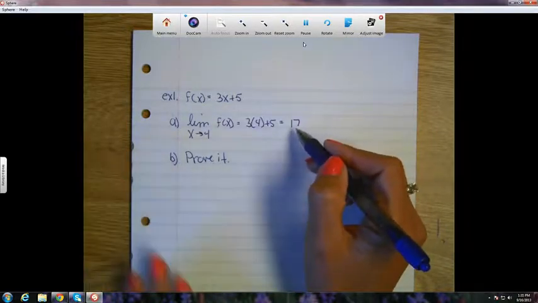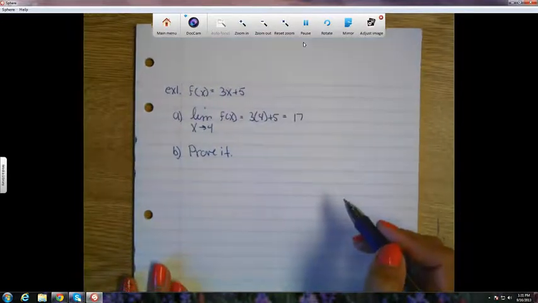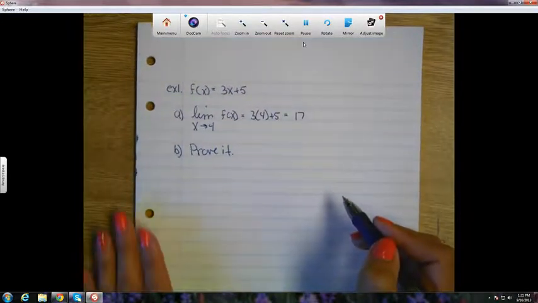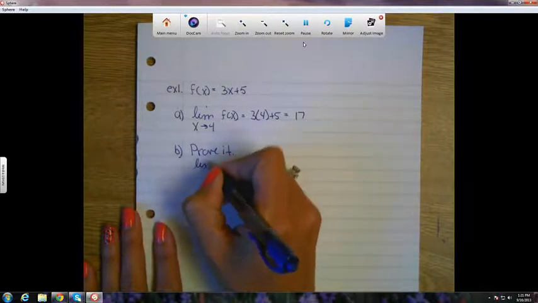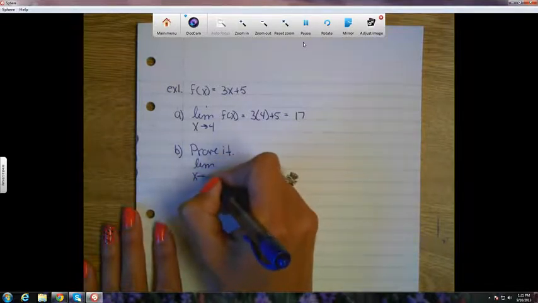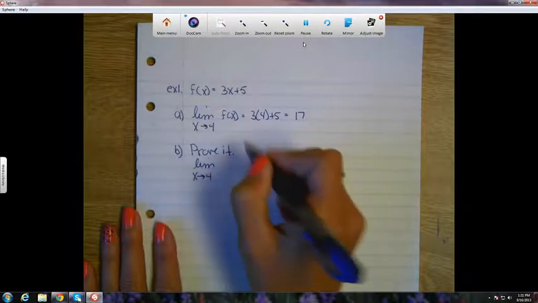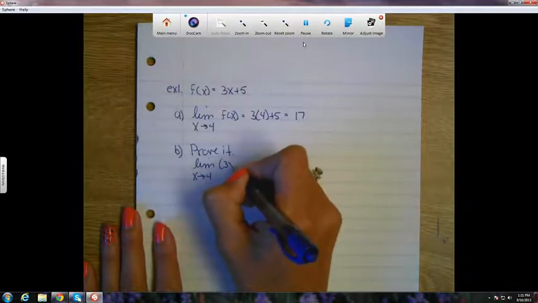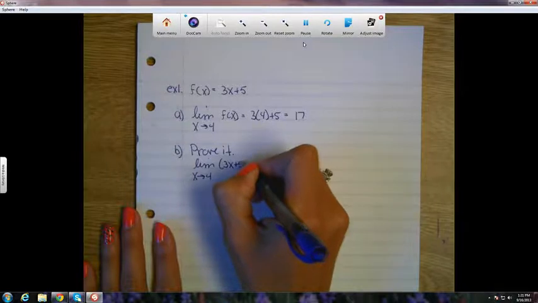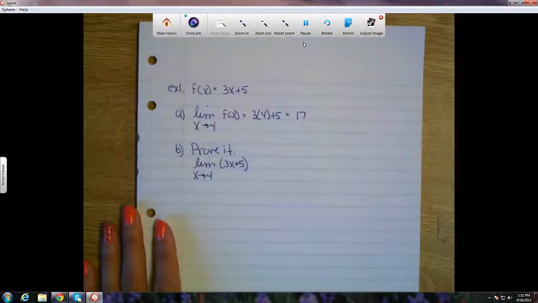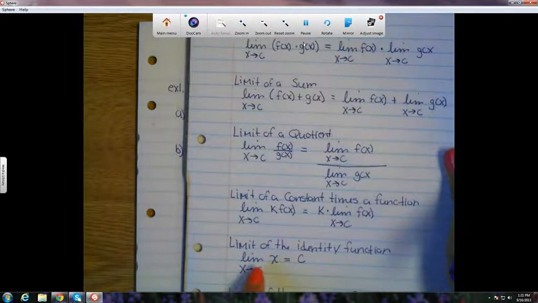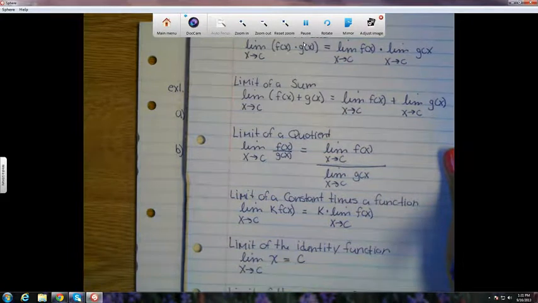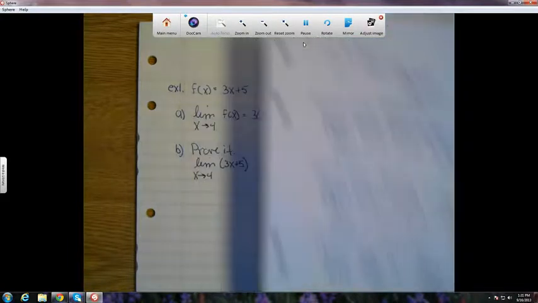And all this is just step by step. So you start out with the limit, the question, the limit as x approaches 4 of the function 3x plus 5. And our goal is to keep using these properties, breaking it apart until we can get down to the limit of just an x and the limit of a constant. So here's always on the first one.